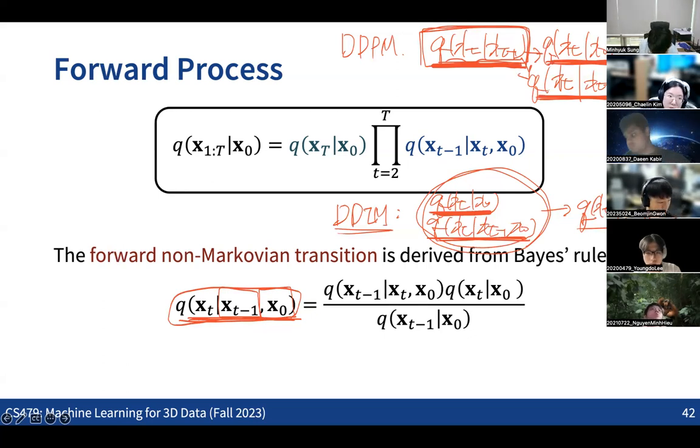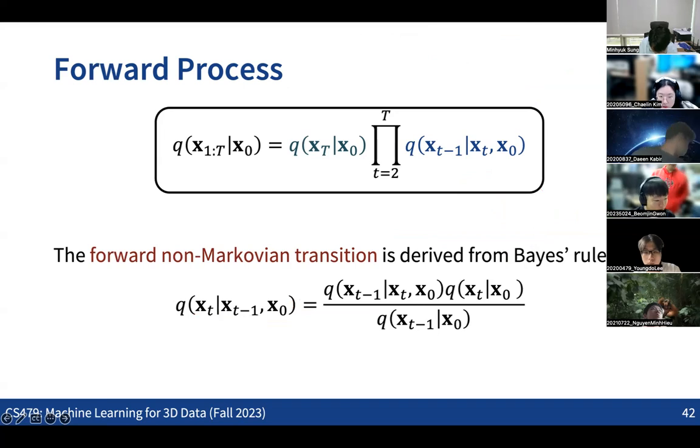So you need to see some details here. The way that we are defining the forward process is different between DDPM and the DDIM. In the DDPM case, we define the single transition, and based on that, the conditional distributions are defined. In the DDIM case, we are defining this distribution in a way that the single transition becomes a kind of non-Markov process. So that's the difference.